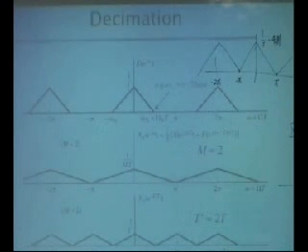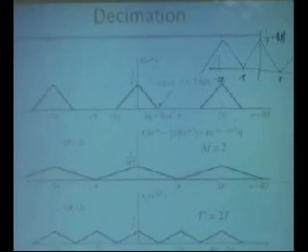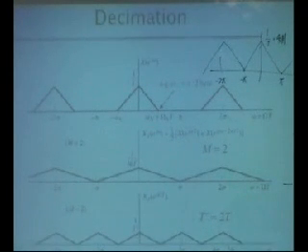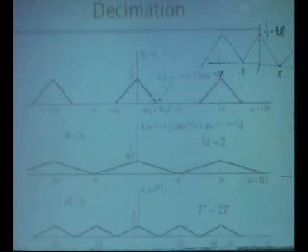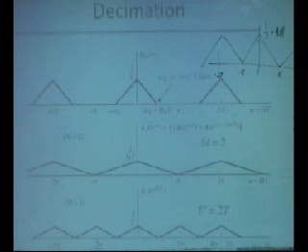If you have a strange looking spectrum, you really need to figure out what will happen. If something like this, you need to throw away samples. If you are throwing away more than what is required, then what will happen? Aliasing, right? If you throw away more than what is required, it will alias. For example, in this case, say you downsample it by 4.